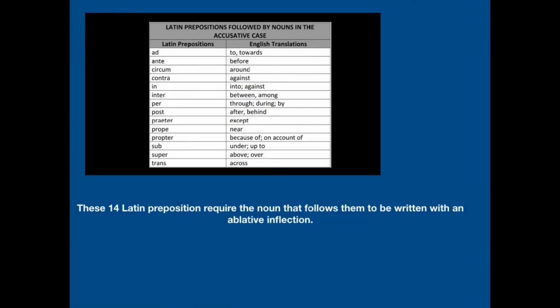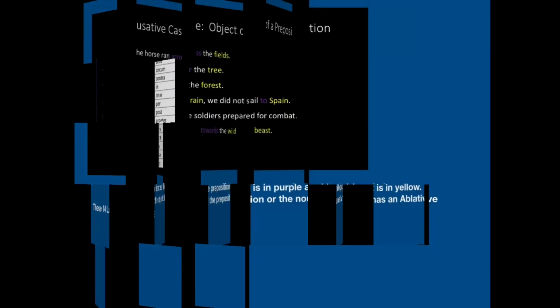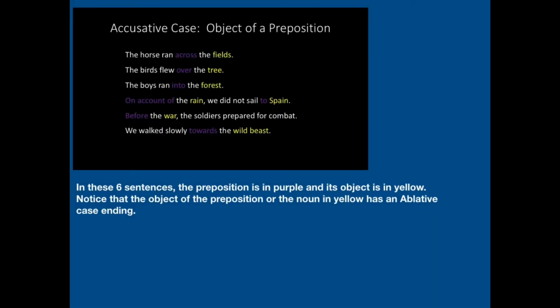The next list of prepositions are those that must have the noun following them written in the accusative case. Look at these 6 sentences and the examples in Latin that go with them. Notice that the Latin preposition written in purple is always followed by a noun in the accusative inflection.